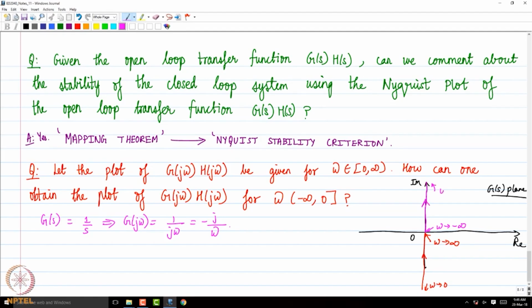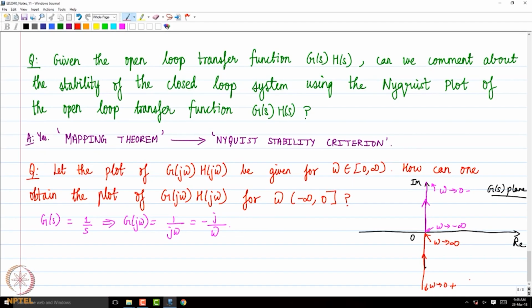This is omega tending to 0 minus. I am going to put a 0 plus and 0 minus just to indicate from which side I am coming to 0. 0 plus means I am going to 0 from the right, and 0 minus means I am coming to 0 from the left, from the negative side.